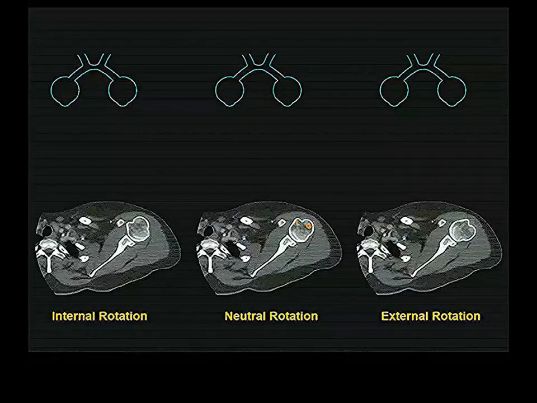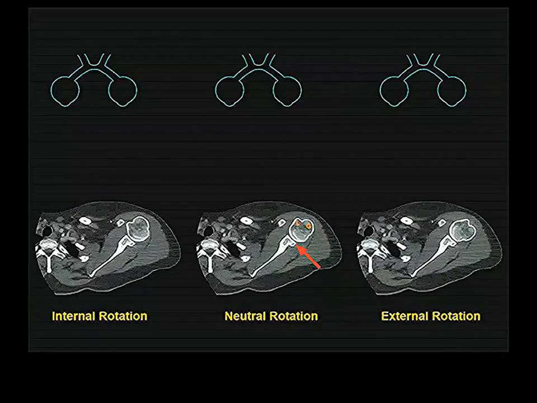Here are CT scans of the upper end of the humerus: big bump, greater tubercle; small bump, lesser tubercle. Here's the glenoid cavity of the scapula, and here's the scapular blade. What I've done is position these two tubercles as they would be in real space if the person was standing in completely neutral rotation, like I am standing now.